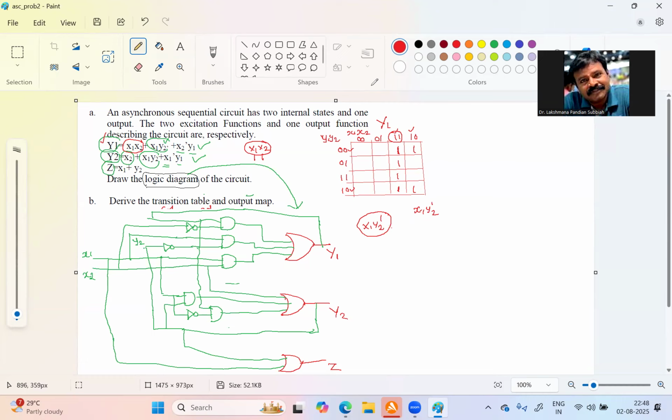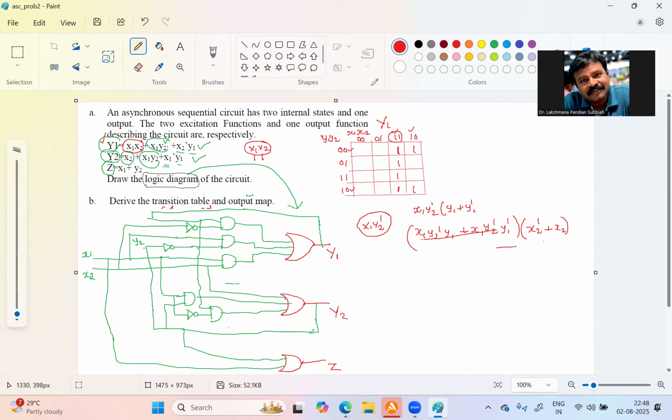If a variable is not there, then for that variable you have to add y1 plus y1 dash. And then here we are getting now x1 y2 dash y1 plus x1 y2 dash y1 dash, right? Then here we are multiplying with two more variables, x2 dash plus x2, right?